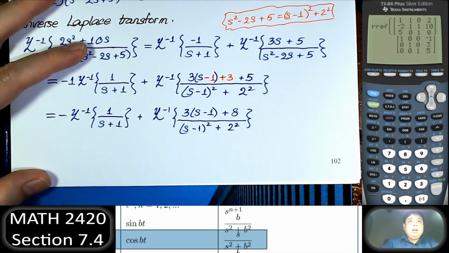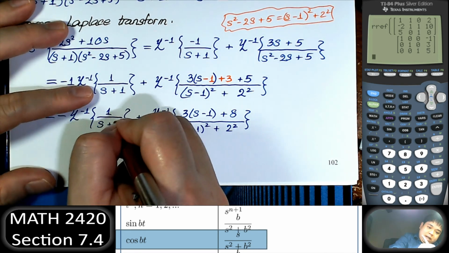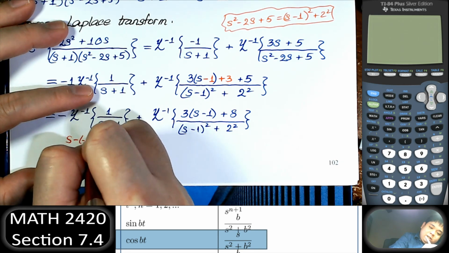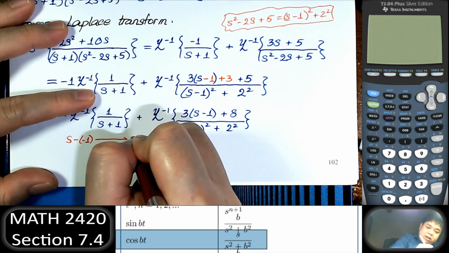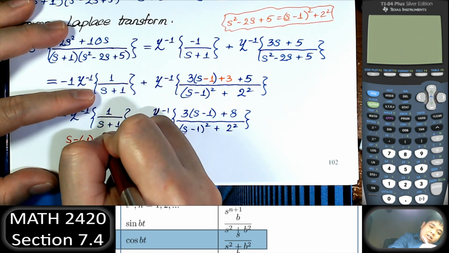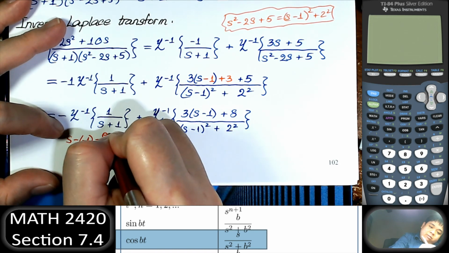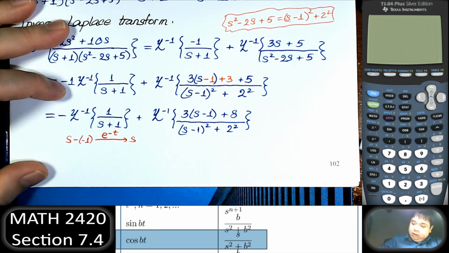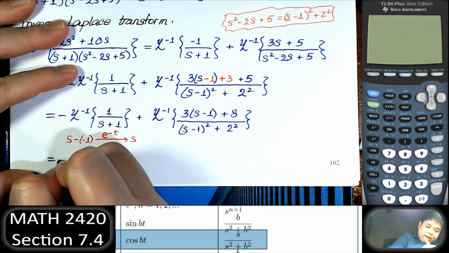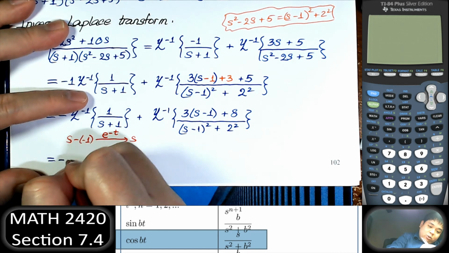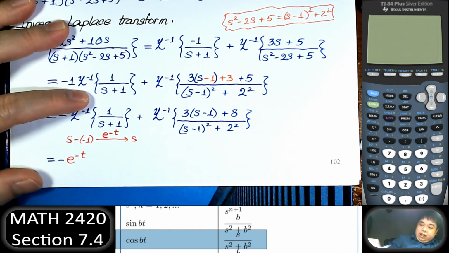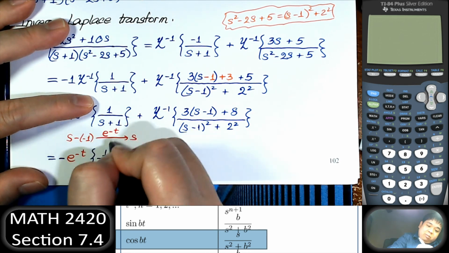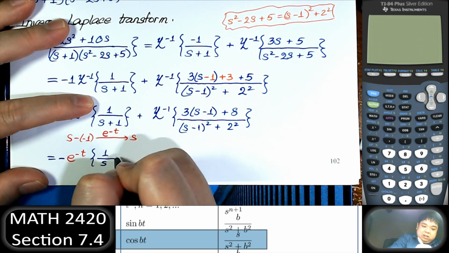Now, let's do the transform. If we replace the s minus negative 1 into s, the price for that is e to the negative t. So in that case, we will have negative e to negative t, and the transform is just 1 over s. Instead of s plus 1, we replace into s.